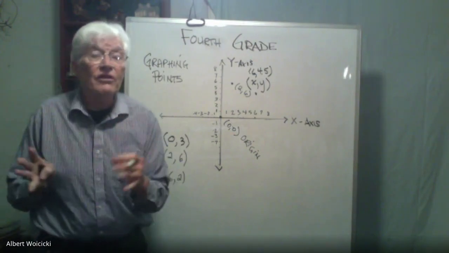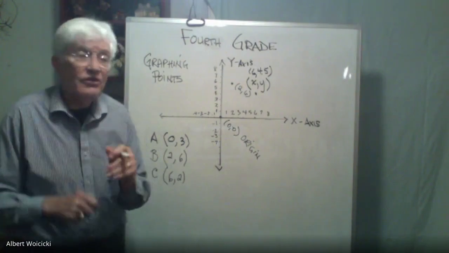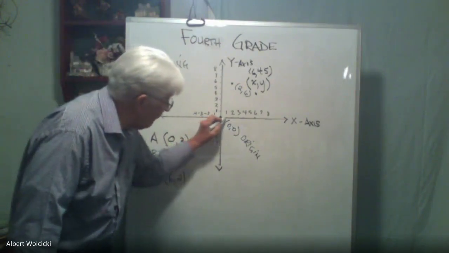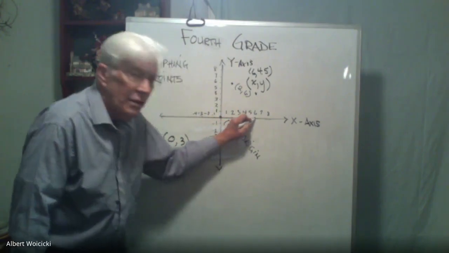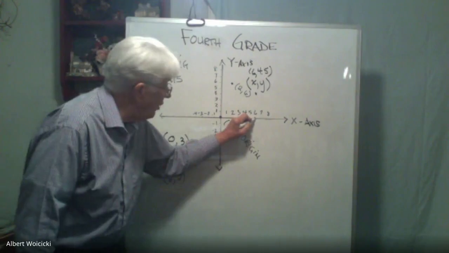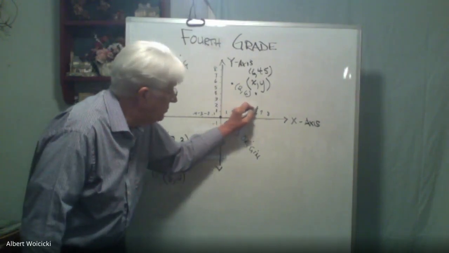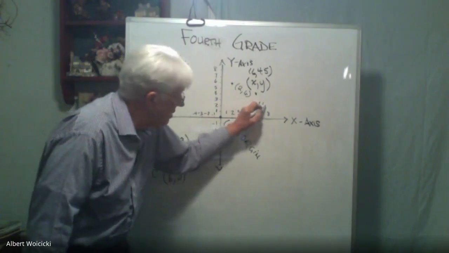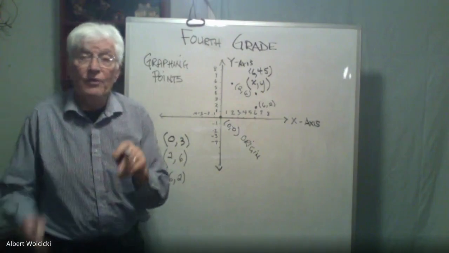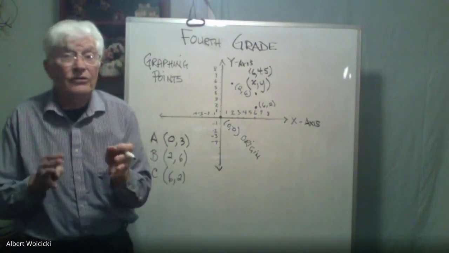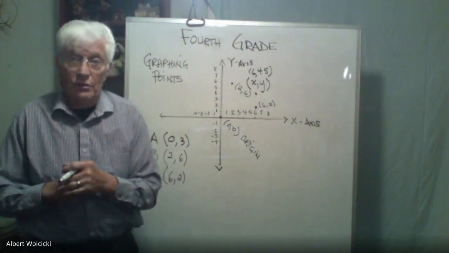And hopefully they're going to say no, because this time you're going to go 6 here, and then only go up 2 to get to my position 6, 2. So 2, 6 and 6, 2 are definitely different positions.